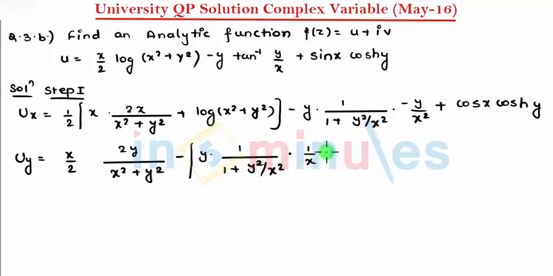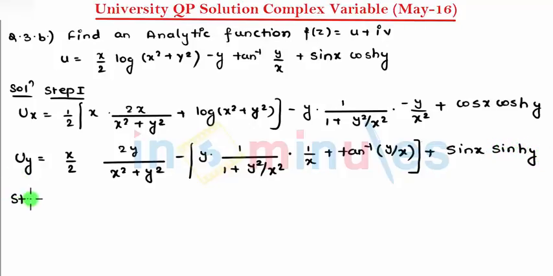After that, plus I can write here tan inverse y by x, and differentiation of y will be 1. Further, with respect to y, sin x will be acting as a constant and cos hyperbolic y will become sin hyperbolic y.